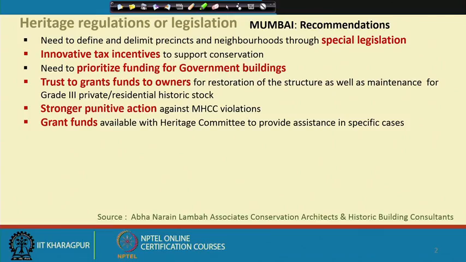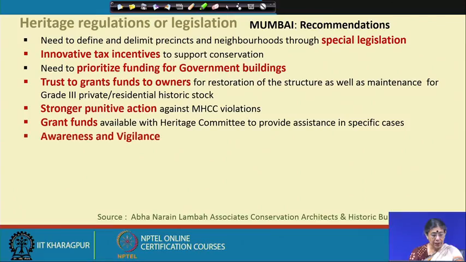Grant funds should be available with the heritage committee to provide assistance in specific cases. The heritage committee is the one finally looking into what can be done and the various options, and giving the approval. So the heritage committee can grant funds from a special fund that is created, to give assistance in special cases.